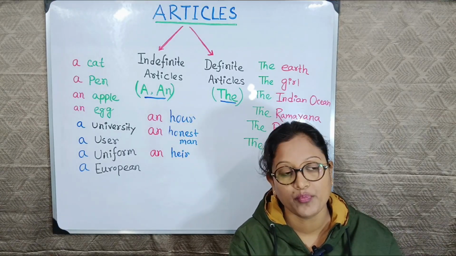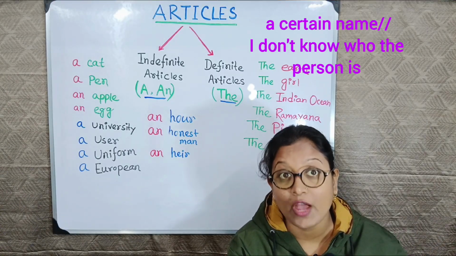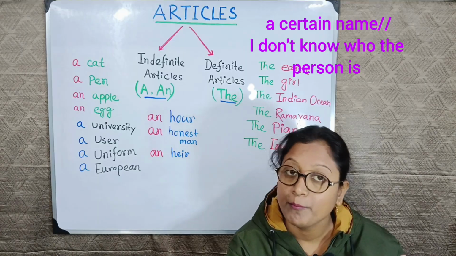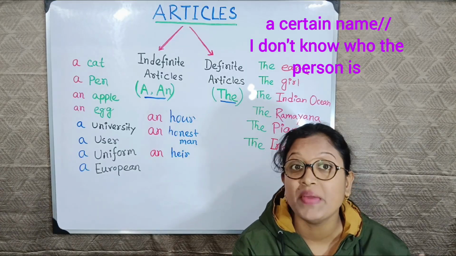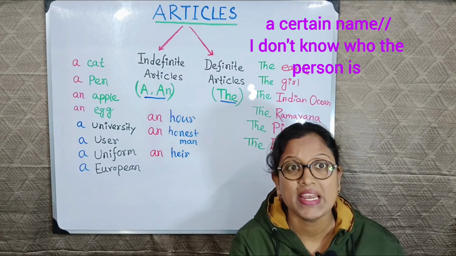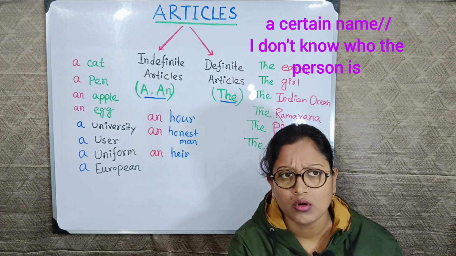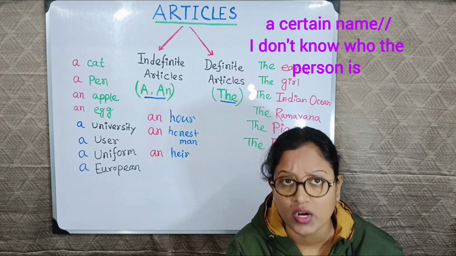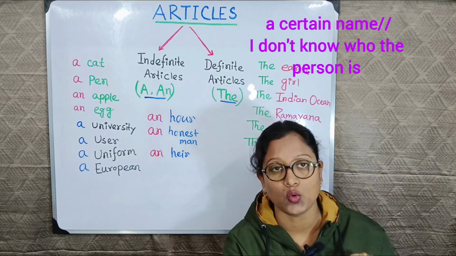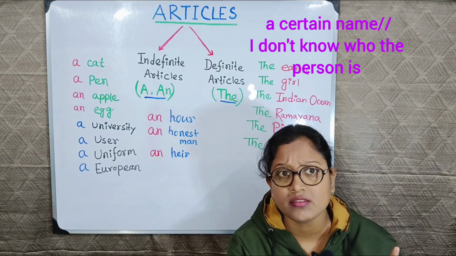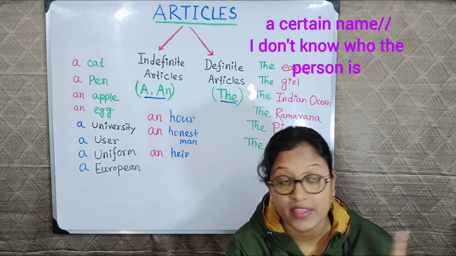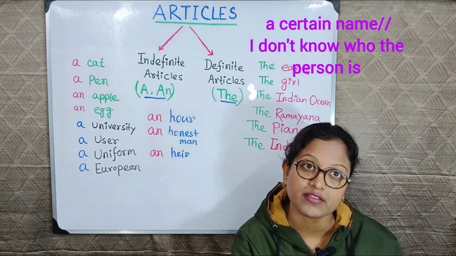Okay? Number four, we use a or an before names meaning a certain. Like, Mr. Mukherjee called you when you were out. In that case, I'm using Mr. Mukherjee, right? In that case, I don't know who Mr. Mukherjee is.